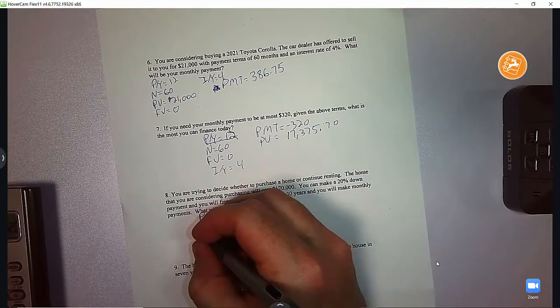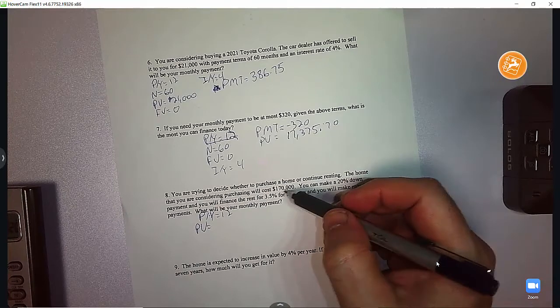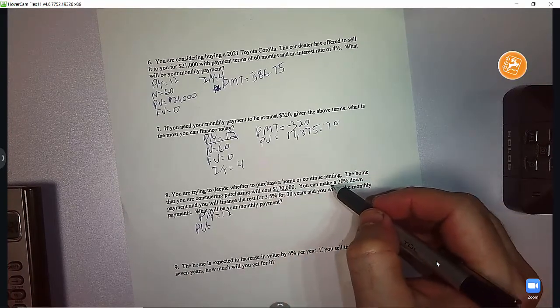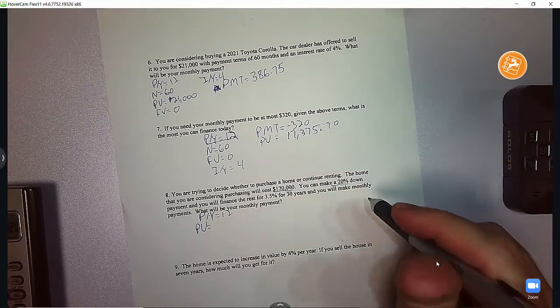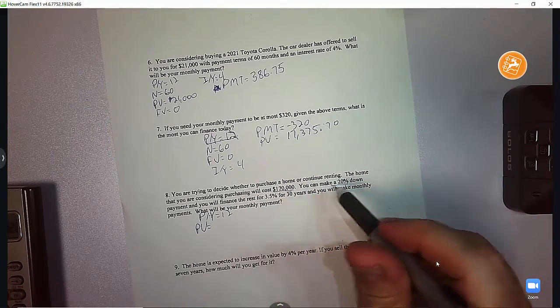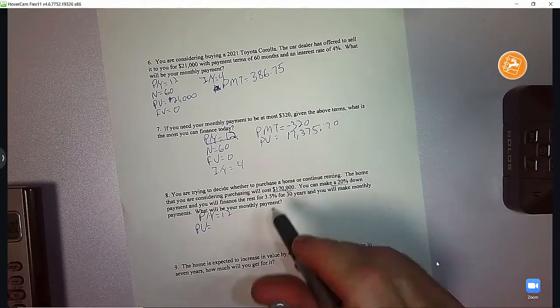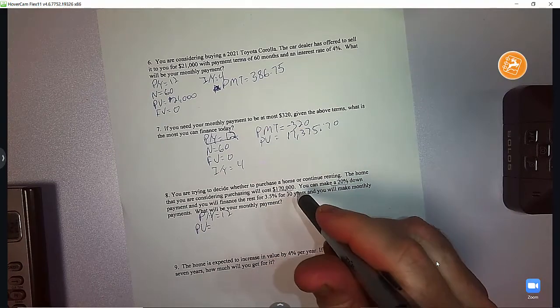The present value. So for this, my present value is not $170,000 because I'm making a 20% down payment. So I can find this in two ways. I can take 0.2 multiplied by 170,000, which will give me 34,000, and I can subtract that from the 170,000, or I can just multiply 170,000 by 0.8.